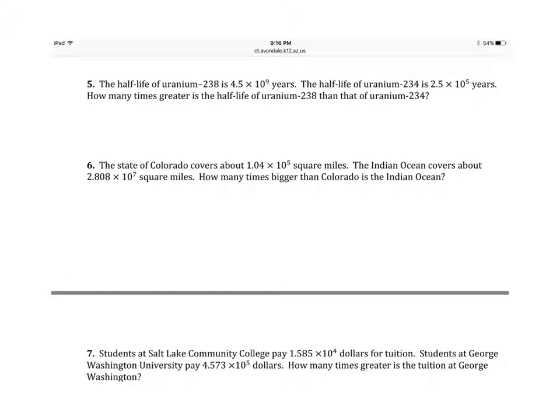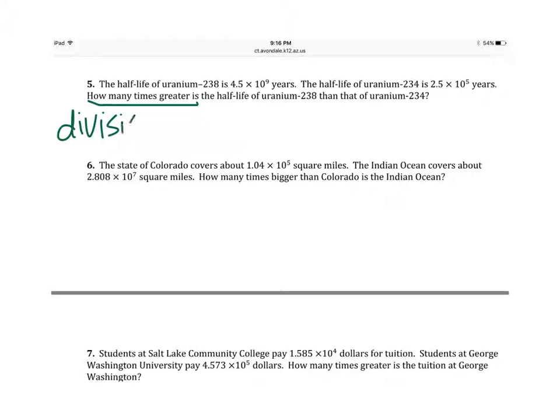All right, let's look at question 5. The half-life of uranium-238 is 4.5 times 10 to the 9. The half-life of uranium 234 is 2.5 times 10 to the 5th. How many times greater is the half-life of uranium 238 than that of uranium 234? This is a division problem.